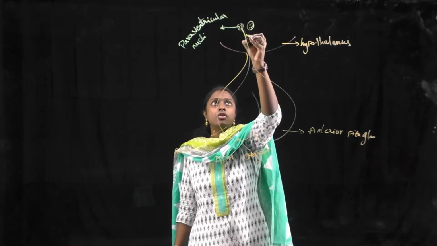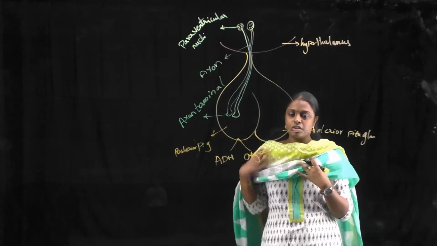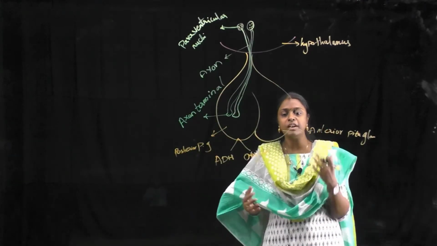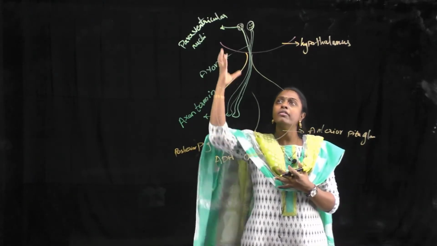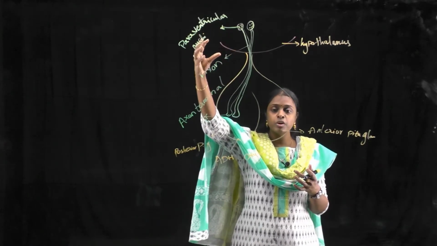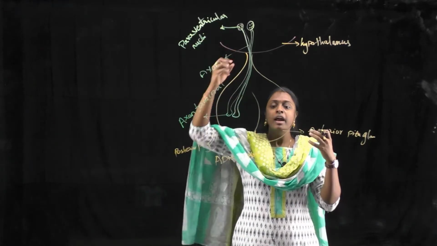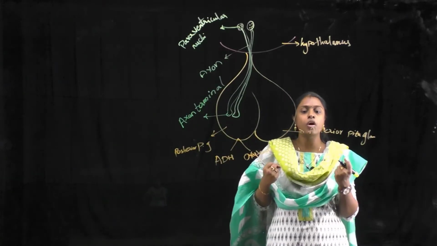This is the axon and this is the axon terminal. When we need oxytocin, our body will give one signal which we will see later. When it is receiving the signal, paraventricular nuclei will get activated and it will start to synthesize this oxytocin hormone.